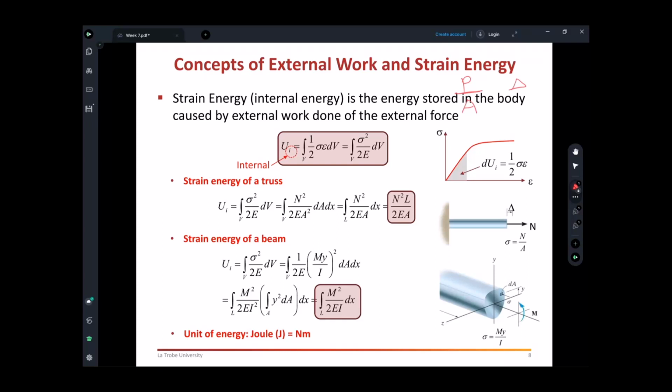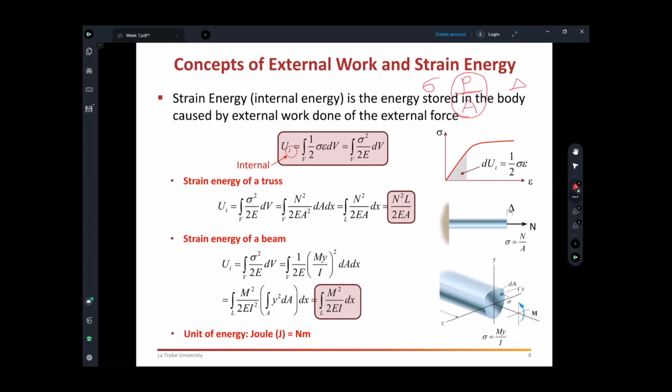If you have a big box, small pen, big pen, and so on, you have energy stored internally depending on how much area is there. That load over area is called stress, right? So the internal quantity is stress, which is the external force divided by area.